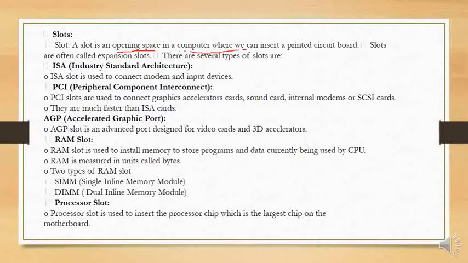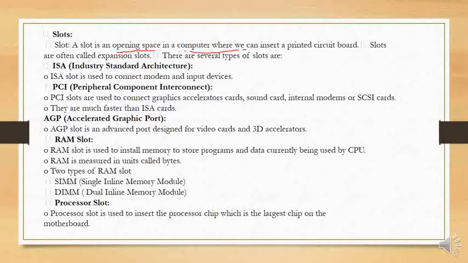The processor slot, RAM slot, all these are spaces for storing our components. The RAM slot stores the RAM, the processor slot stores the processor. Like this, the AGP slot stores the accelerated graphic port and so on.